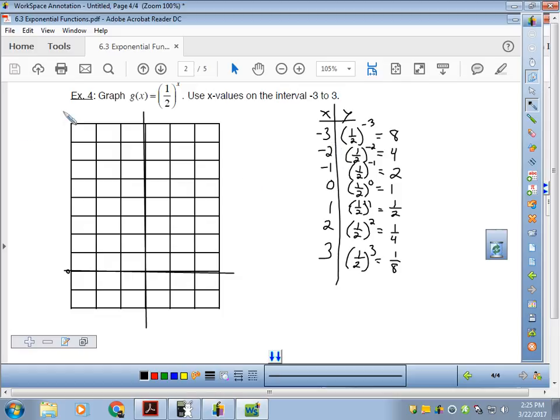So at -3, we're going to be up here at 8. At -2, we'll be at 4. At -1, we'll be at 2. At 0, we'll be at 1. At 1, we'll be at 1/2. 2, we'll be at 1/4. And 3, we will be at 1/8. Sorry, I'm going to redraw that. Didn't come out quite right.